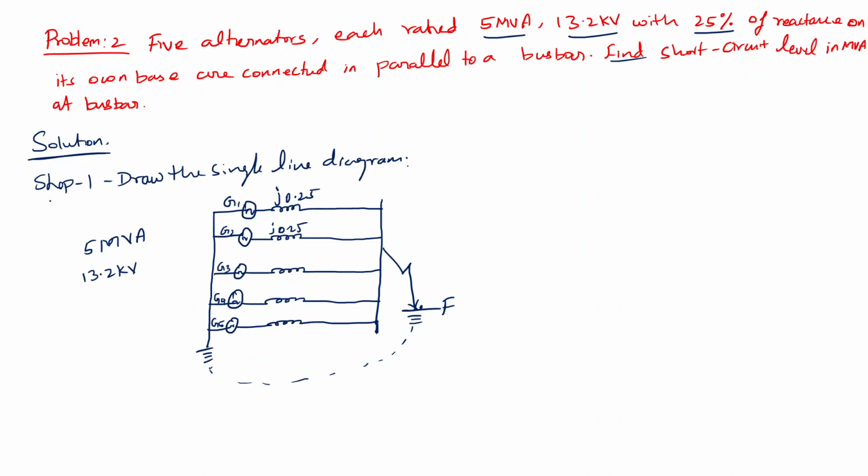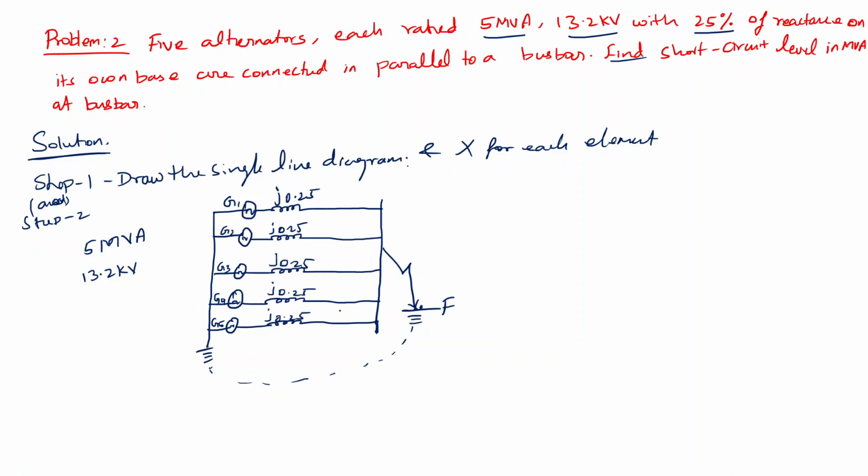So step 1 and step 2 both we have done. Step 2, why? Because in step 2 we find out the reactance of each and every element. Here only 5 generators are there, so for the 5 generators we find out reactance X for each element: j0.25, j0.25, j0.25.